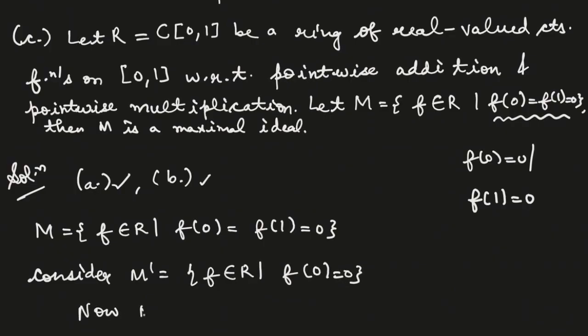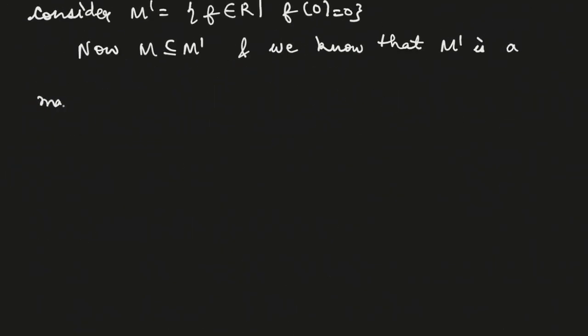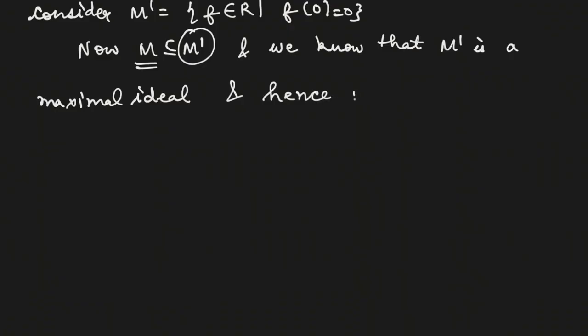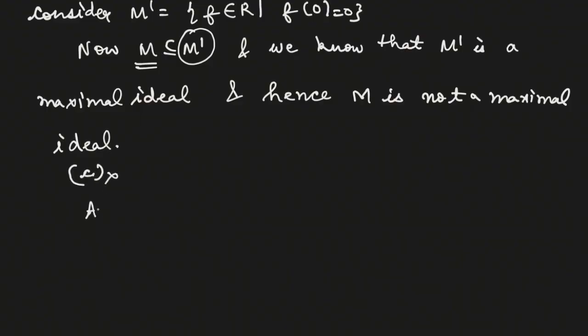Now M is contained in M', and we know that M' is a maximal ideal. So M cannot be maximal. जब M' ही maximal हो गया तो M कहाँ से maximal हो जाएगा? And hence M is not a maximal ideal. Means अगर दो रूट्स गिवन होंगे तो वो maximal नहीं आने वाले.